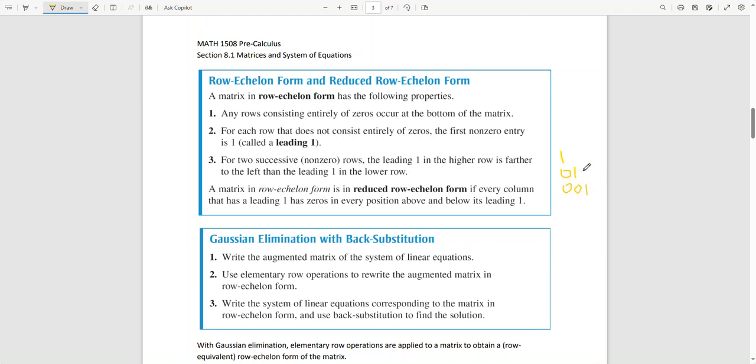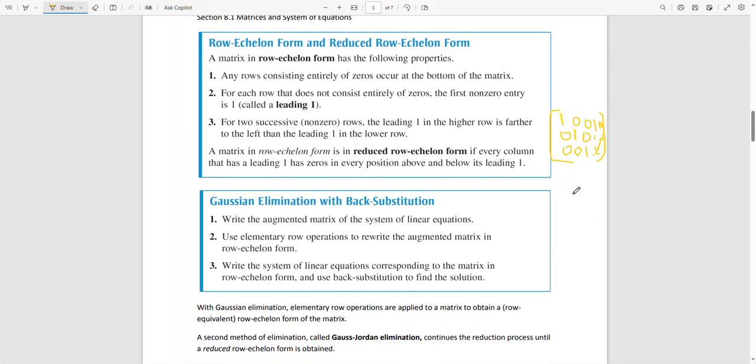If you want it in reduced row echelon form, then you have to get zeros above as well. Now, the label for that is not very important. I'm going to call it ABC. Reduced row echelon form, we need zeros above as well. And this particular matrix, this coefficient matrix, has a form that we'll talk about in a minute.